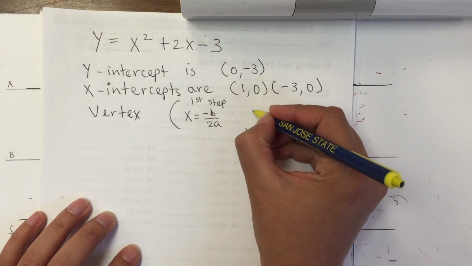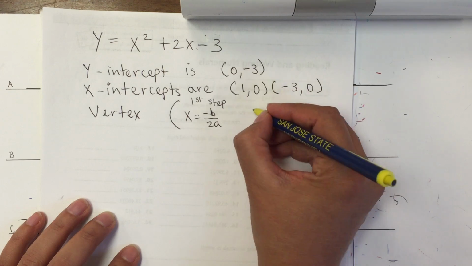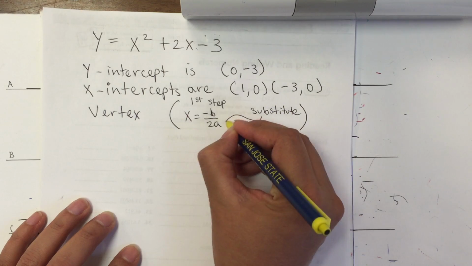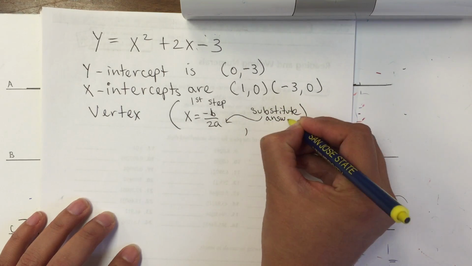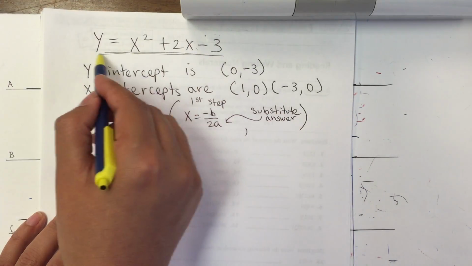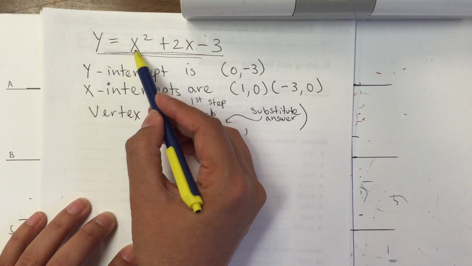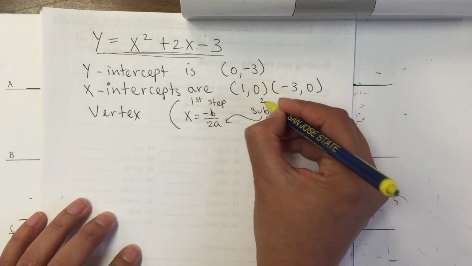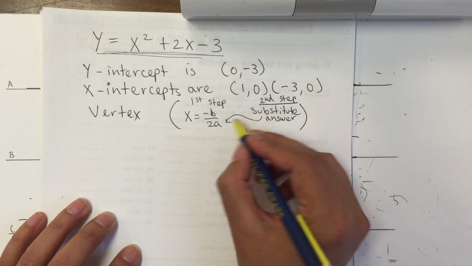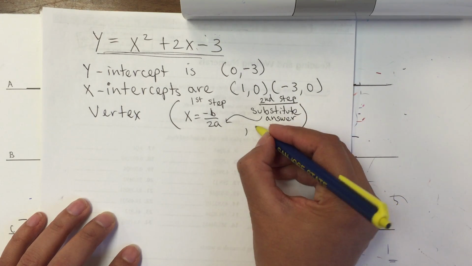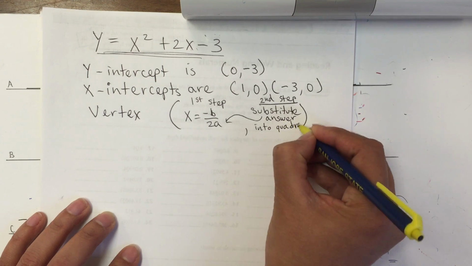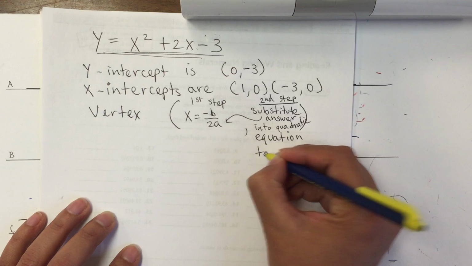For the y, you will substitute that answer that you find into this equation. So you will find x in here and you will substitute. That's the second step. Substitute the answer of x into the quadratic equation to find the y value.